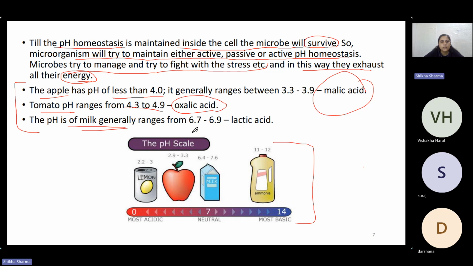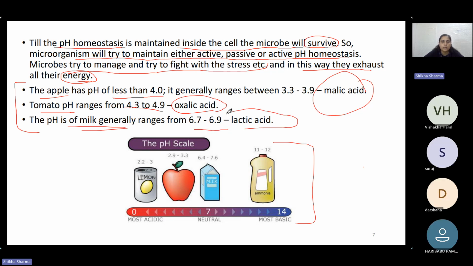Milk pH is generally 6.7 to 6.9, so it is not a very acidic food, because of the presence of lactic acid. Lemon is basically the most acidic food, then apple, then milk, and ammonia is in the basic range.